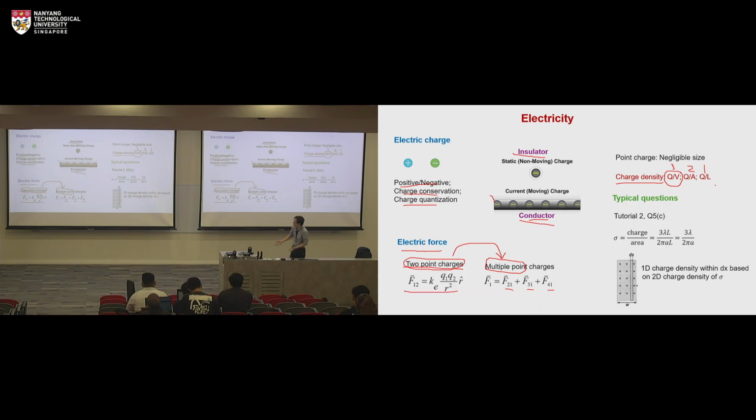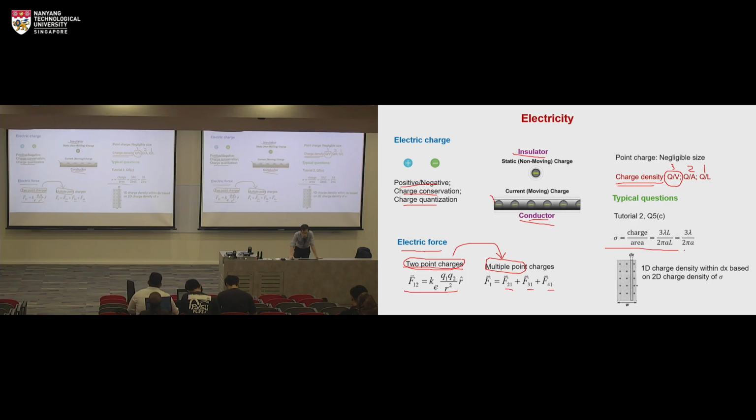The way you define the charge density is a little bit different. Very often we will need to use the concept of charge density, so sometimes we may test your understanding by asking you to do some conversion of charge density at different dimensions.